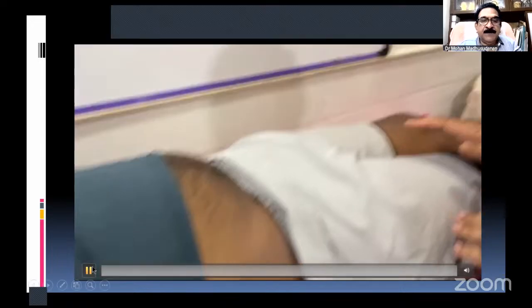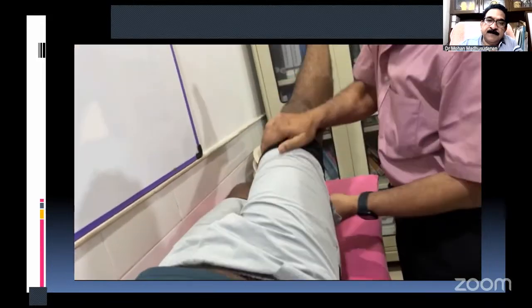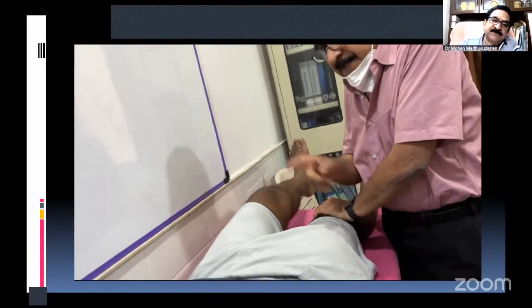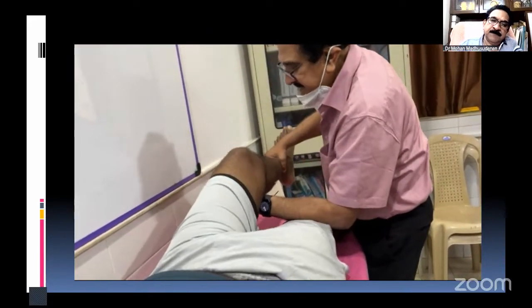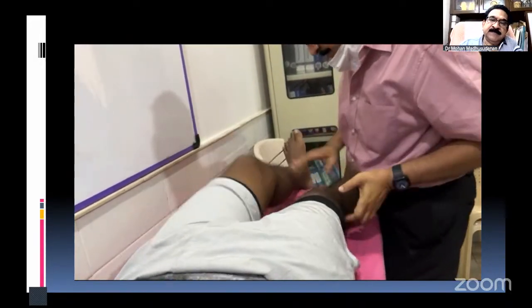Now, this is the video of the patient. Upper limbs are normal. He's got weakness of the hip flexion on the left side. This also is weak, but he was coming with severe pain in the thigh.